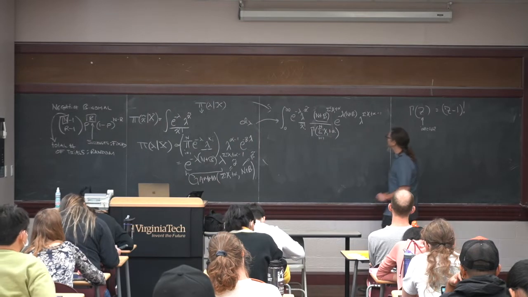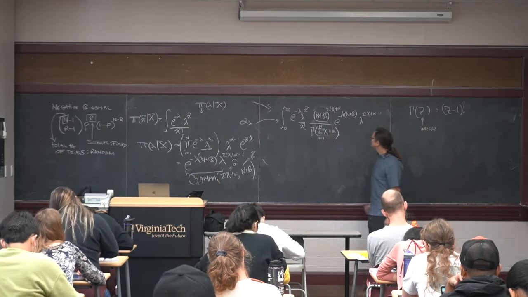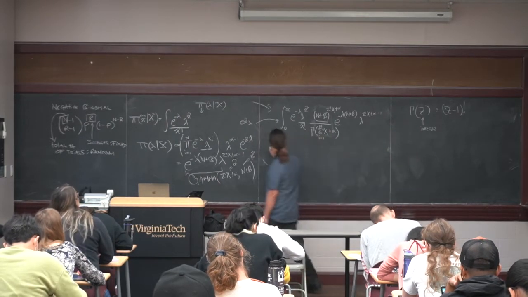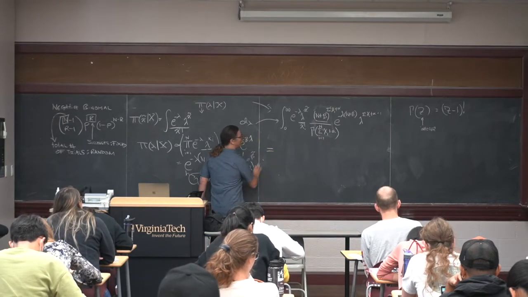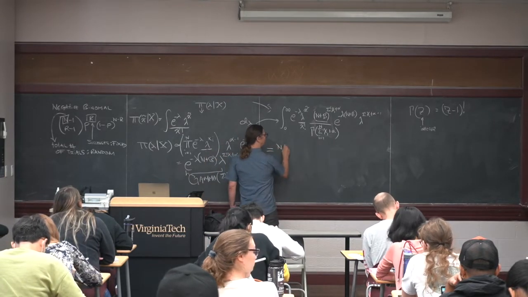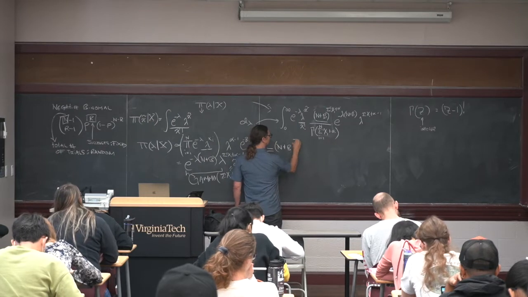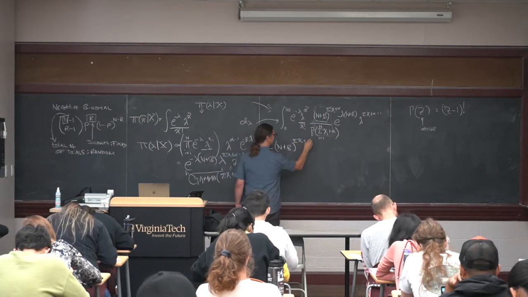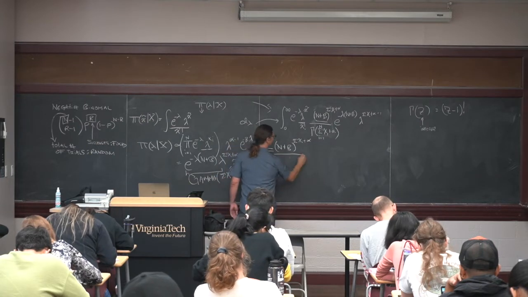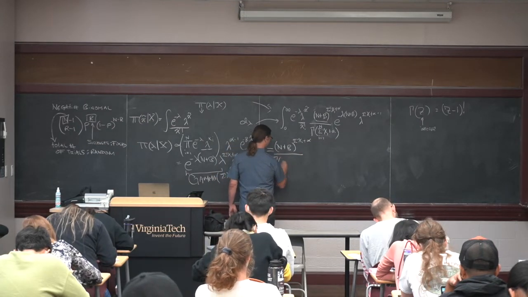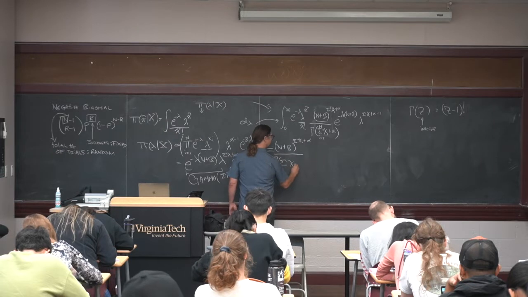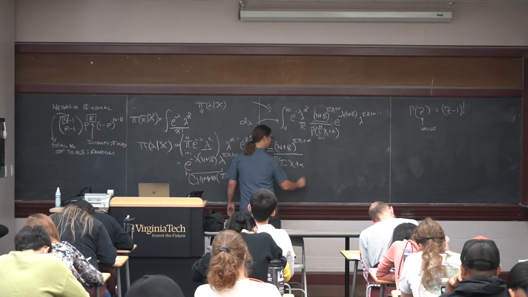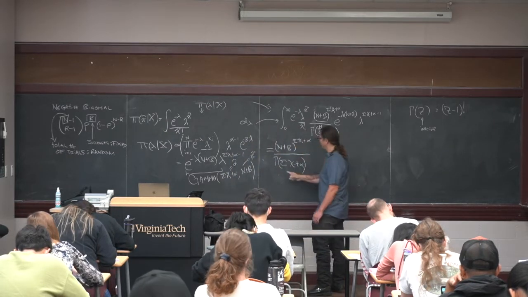So we can pull some stuff out of this. So let's just simplify everything. Pull things out of the integrand if we can. So this will be n plus beta, sum of the xi's, plus alpha, divided by gamma function, sum of the xi's, plus alpha. I'll suppress some of my notation.